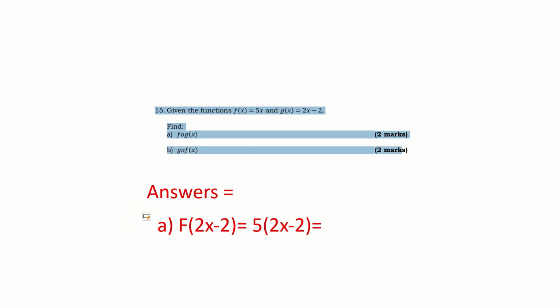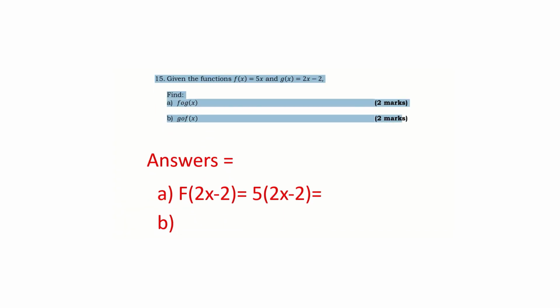So the answer will be 10x minus 10. This is the answer for part A.